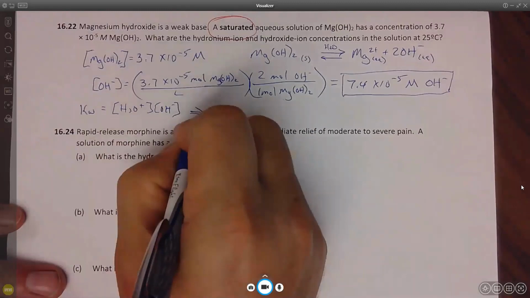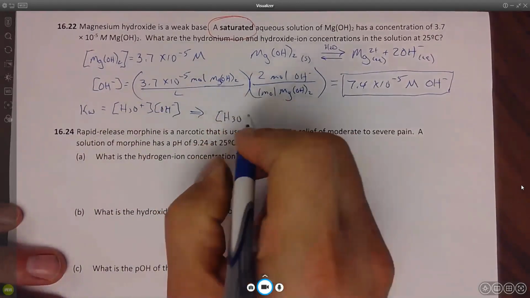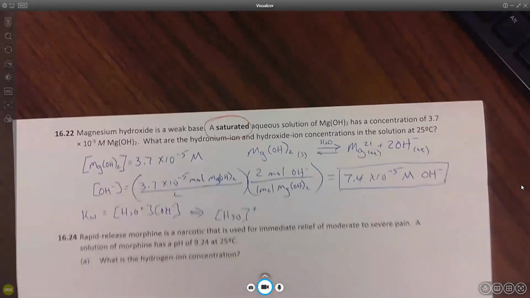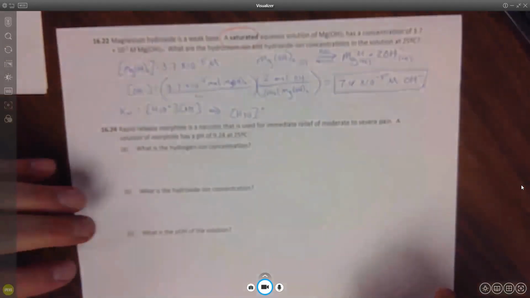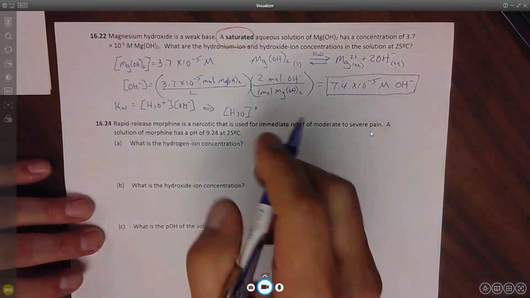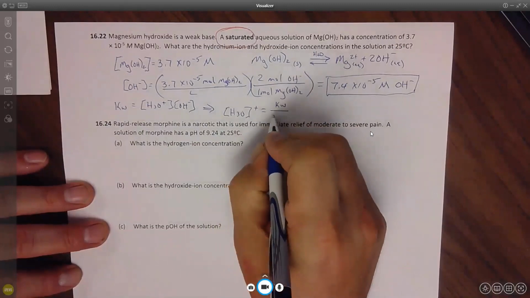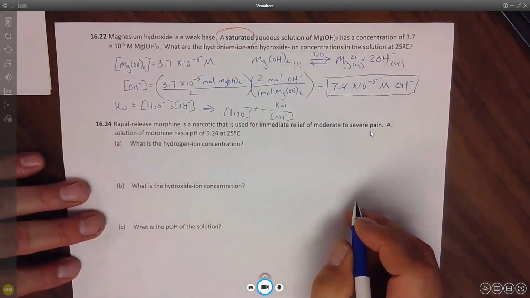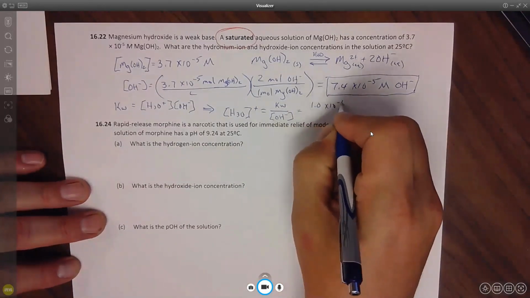And so to get the hydronium ion concentration, we're just going to rearrange that equation so that we have Kw over the hydroxide ion concentration. Kw is a value that you need to know. That's 1.0 times 10 to the negative 14.